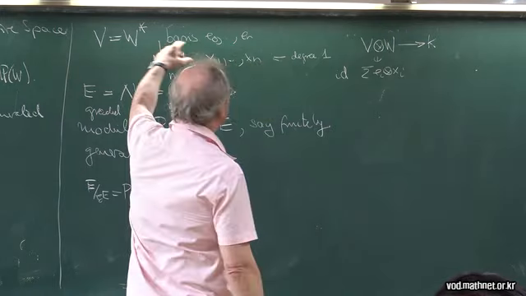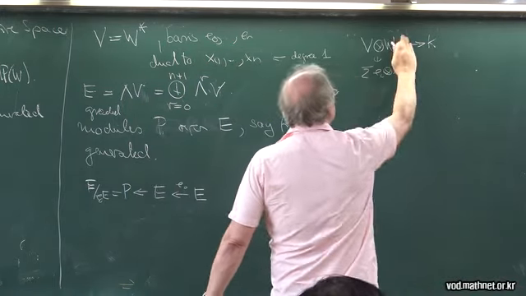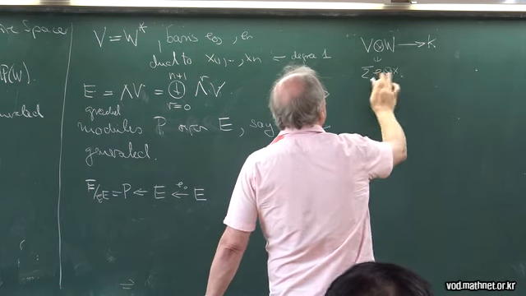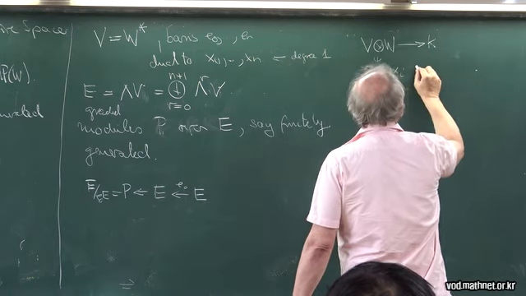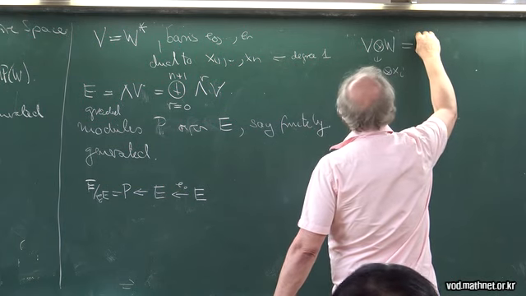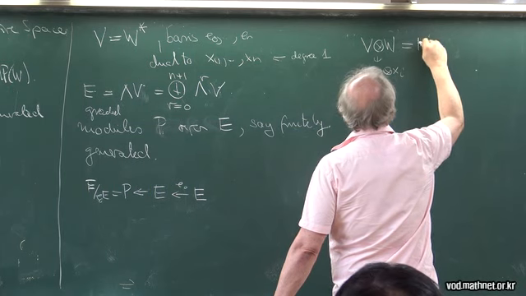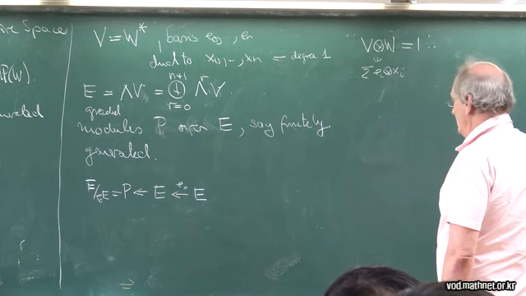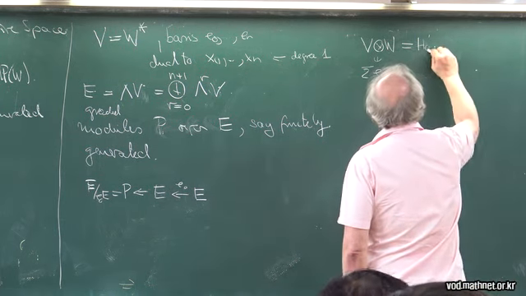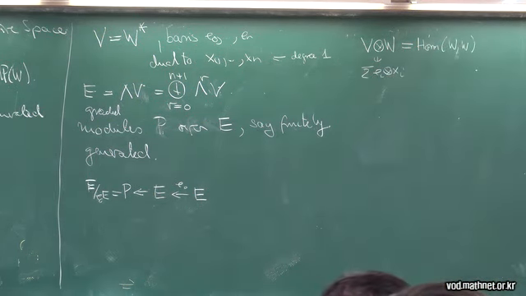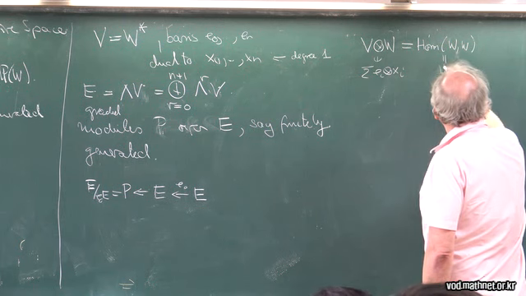If I view this map, the pairing, I have this element in here, which I can view also as an element in Hom(W, W), and inside here I have the identity map.